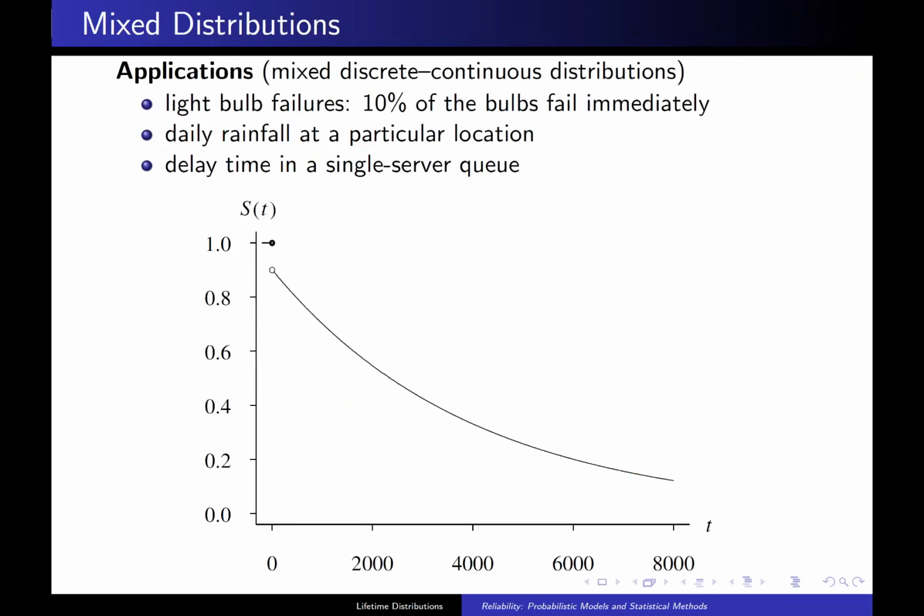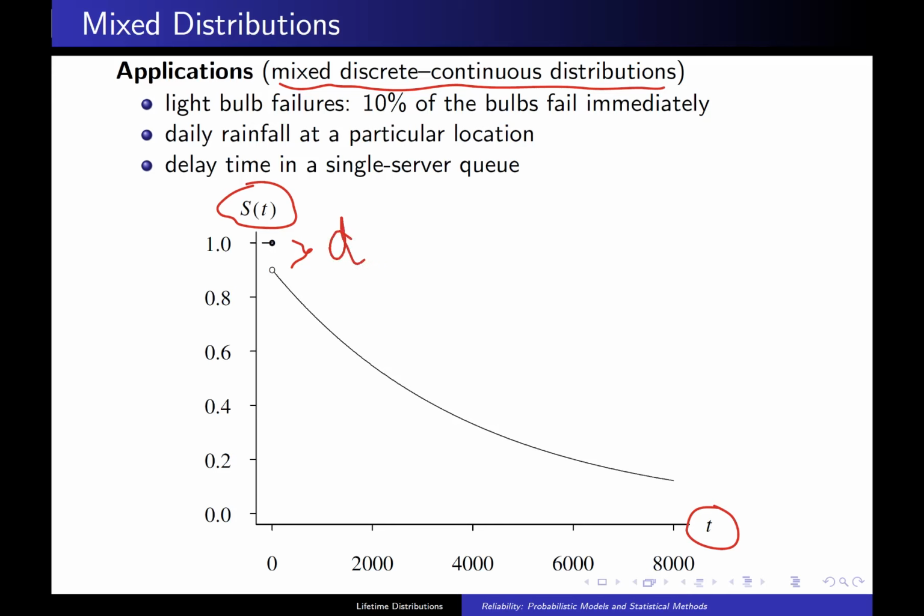Finally, the last thing in this section are mixed distributions. Mixed distributions are really mixed discrete continuous distributions. They are part discrete and part continuous. I draw one here where we have time on the horizontal axis and a survivor function. The discrete portion is right here, and that's where you see the jump.